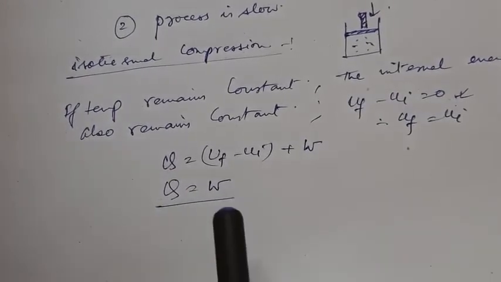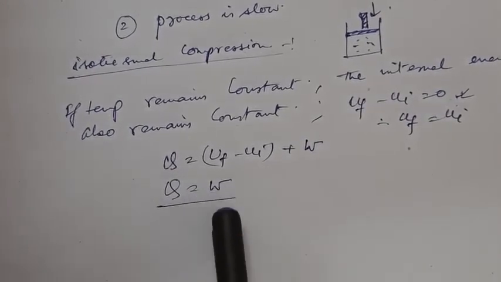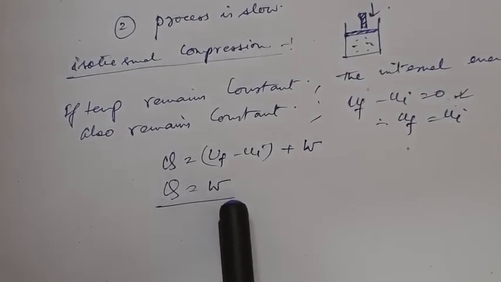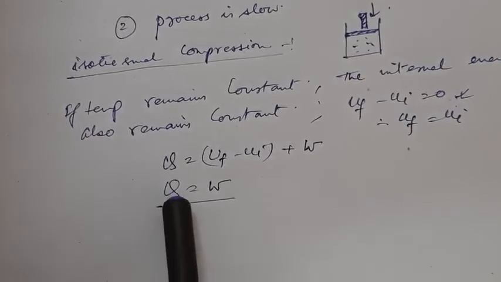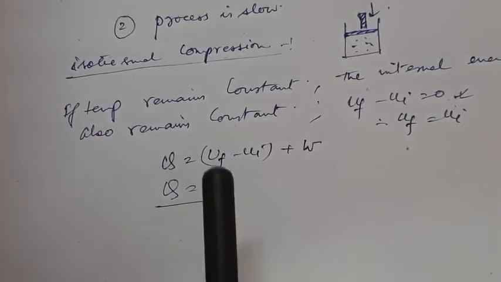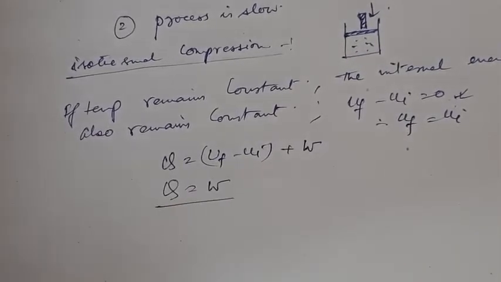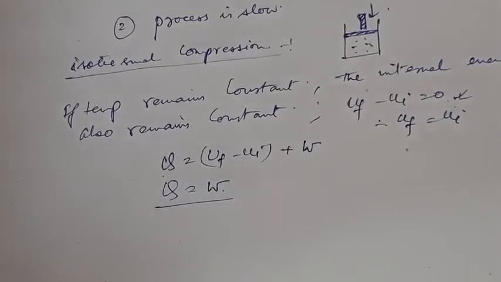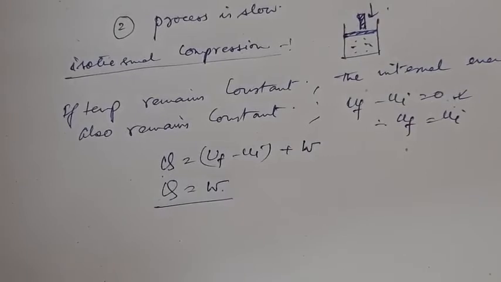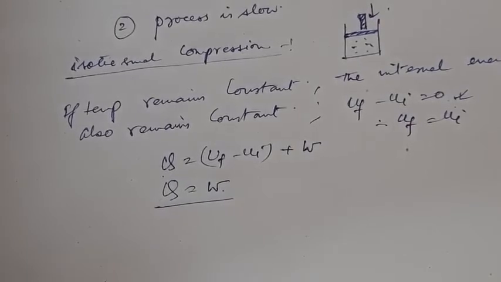What does the statement mean? Q is equal to W. That means heat taken from the surroundings is equal to the external work done. Now for an isothermal compression, both Q and W are negative. This means that work is done on the system by the surroundings and the system loses an equal amount of heat.